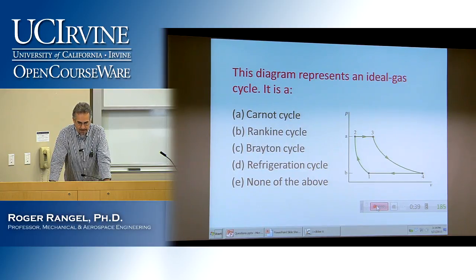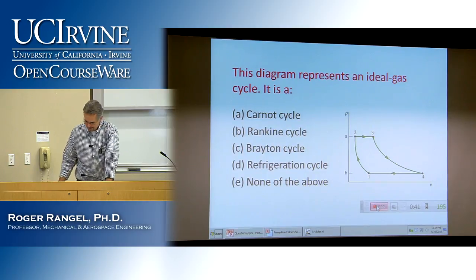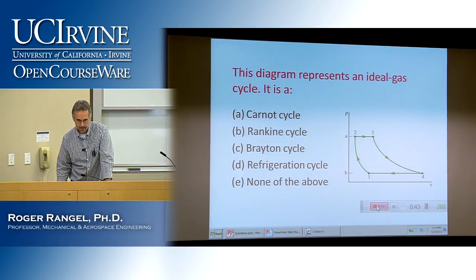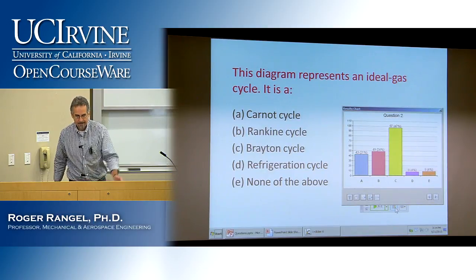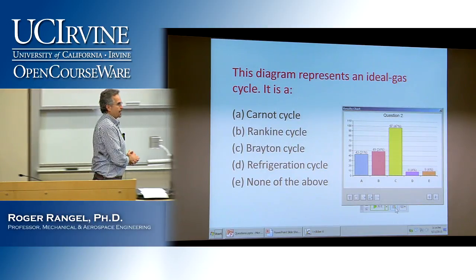Okay, 5, 4, 3, 2, 1, 0. Which one is it? Yeah, it is a Brayton cycle.